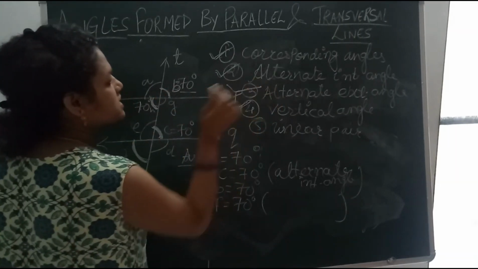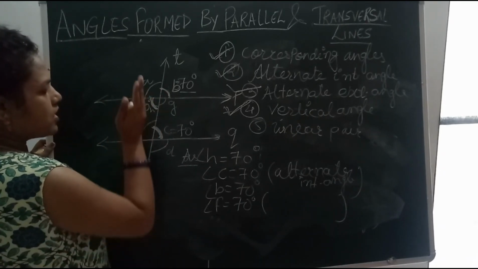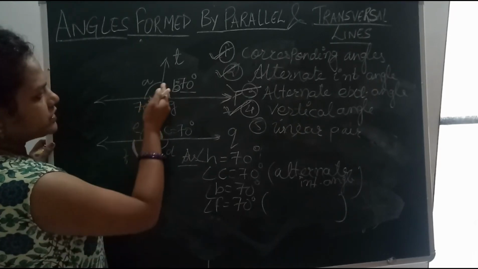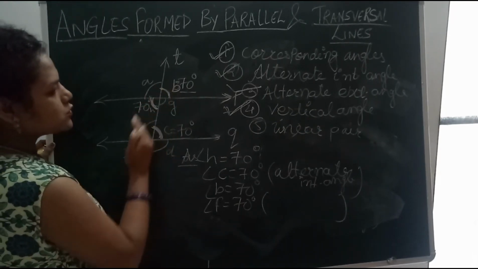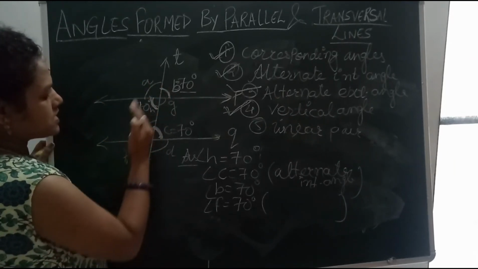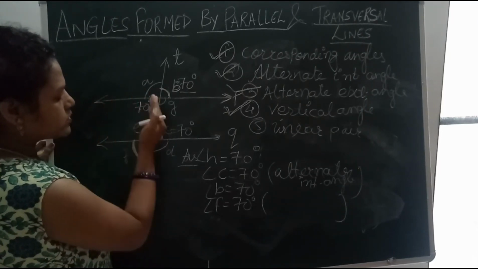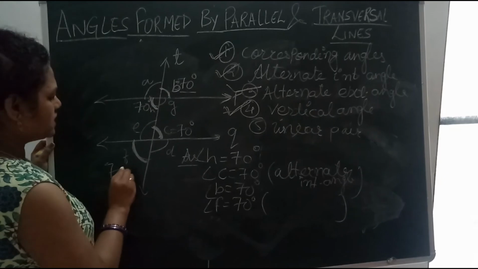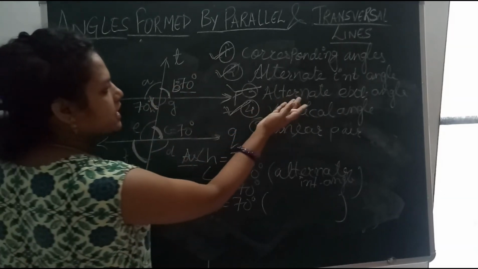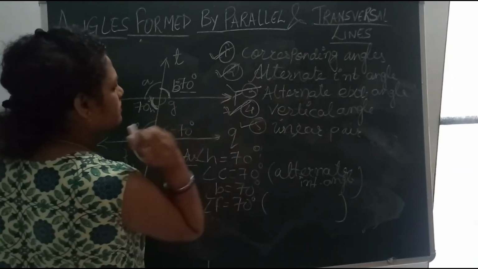Alternate exterior angle means angles opposite to each other on the transversal and which are outside of these two parallel lines. Again your F is 70 degrees. So we can say that is your alternate exterior angle. Last is your linear pair.